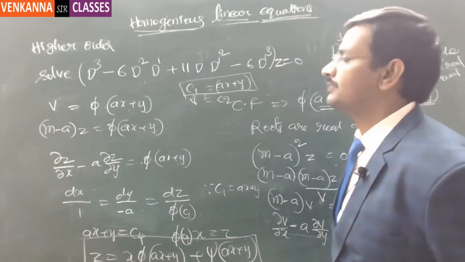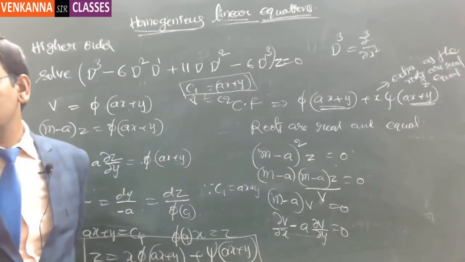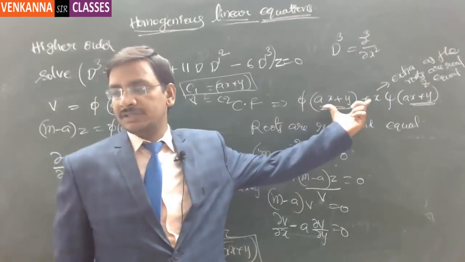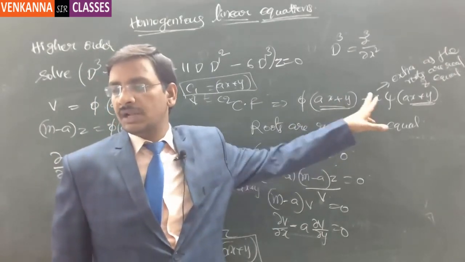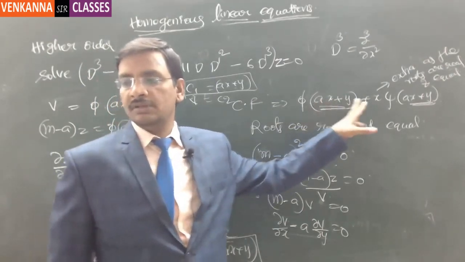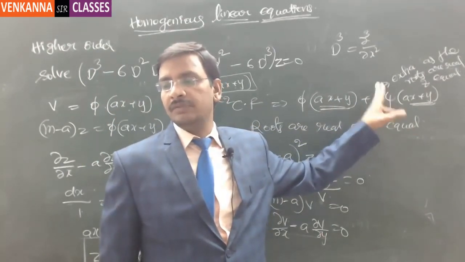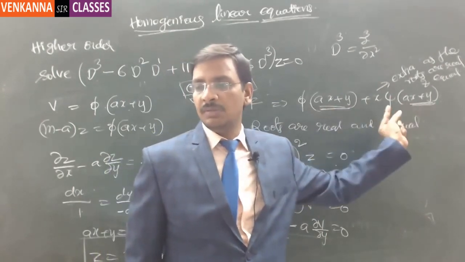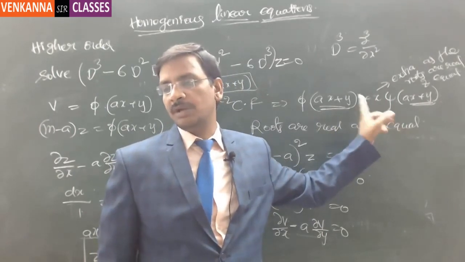So this is just an understanding of how we are writing these equations. If you know this methodology of writing the complementary function for equal roots like this, and if these are non-equal roots, then this is going to be a1, this is going to be a2, but this x won't be there. If the roots are real and equal, then the functions are exactly the same except that the arbitrary functions are different, but one function has to be multiplied with x.